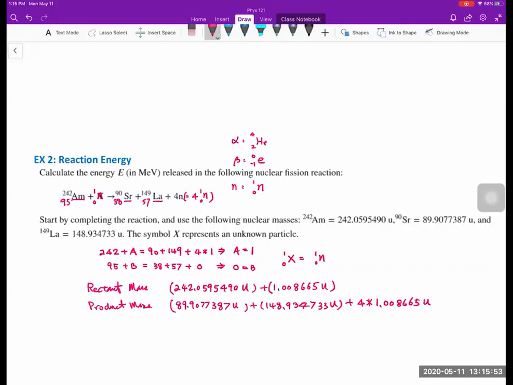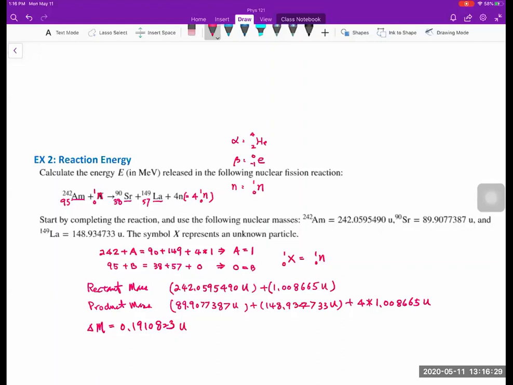Okay, I got it. So I find the change of the mass is equal to 0.1910823 U. That's the change of mass. If you sum the top ones together and sum the bottom ones together, you find the difference of these two, and you're going to find this.